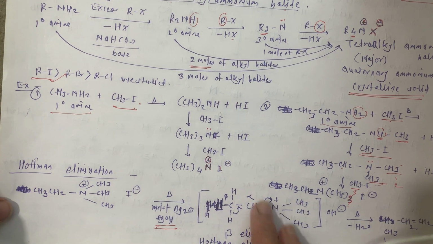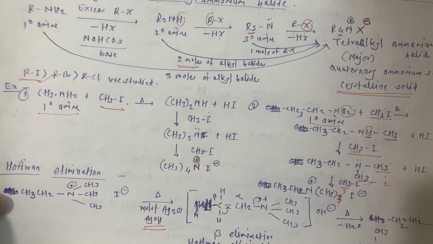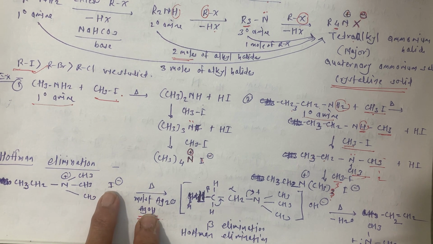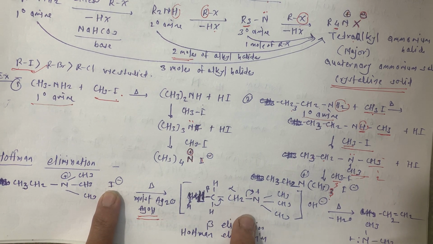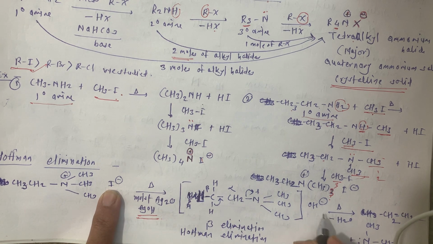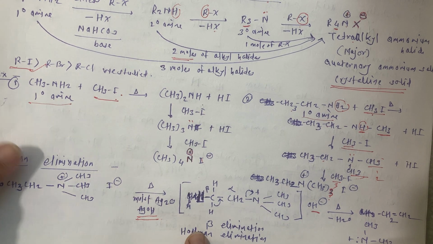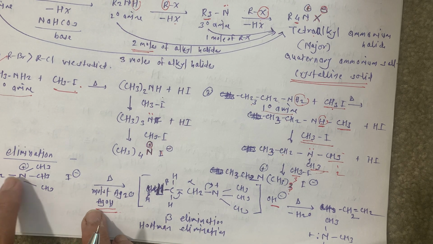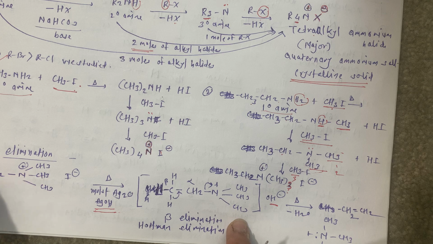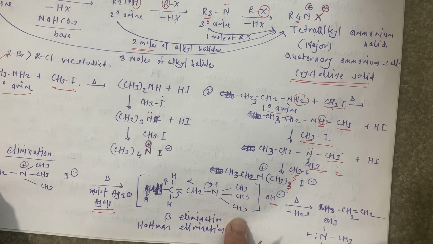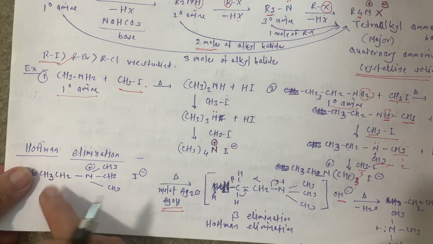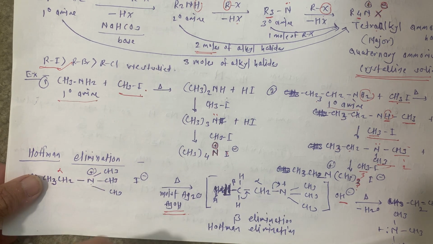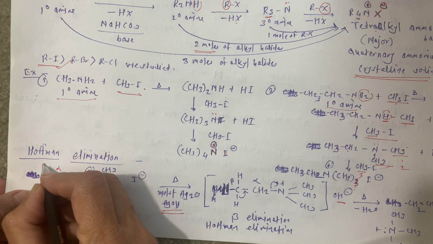So what is going to happen? The I minus in this intermediate is replaced by OH minus. Now here it is CH2 and CH3, and this CH3 over here. The carbon next to the functional group is known as alpha, while the next carbon is known as beta.